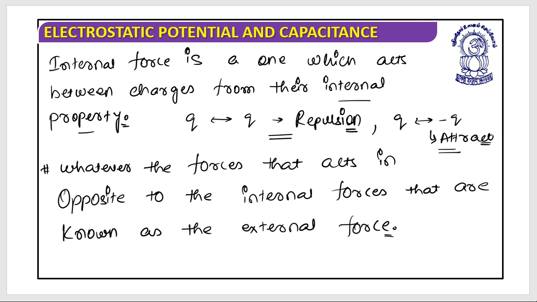I hope these things are clear. If the internal force says we will repel each other, then the external force must say, no, you need to attract each other. If the internal force says we are going to attract each other, then the external force must say, nay, you need to repel each other. So this is the kind of internal and external forces that could be there.